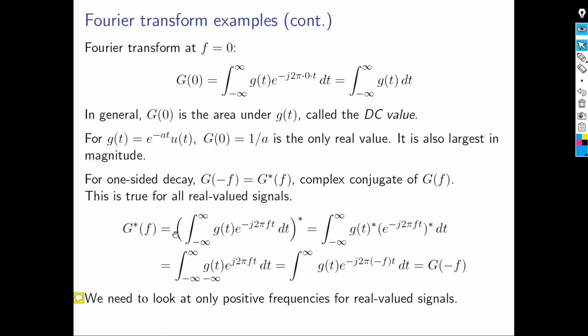When you put the conjugate of the transform, it becomes the conjugate of the individual functions, and you take the Fourier transform of it, and it becomes G of minus f, because when you take the conjugate, the minus becomes plus, as I told you. So as if you are taking G of minus f.